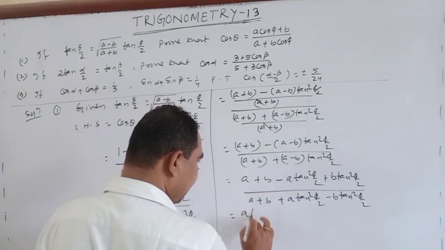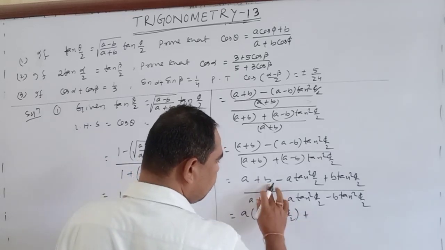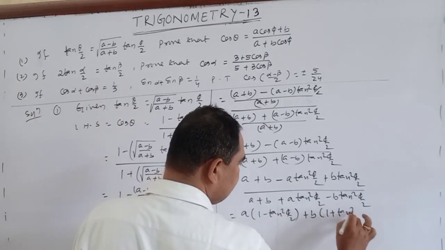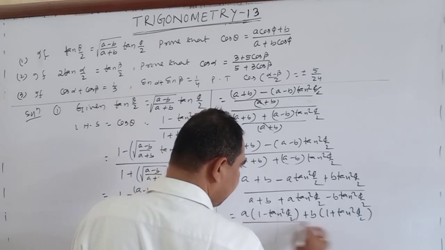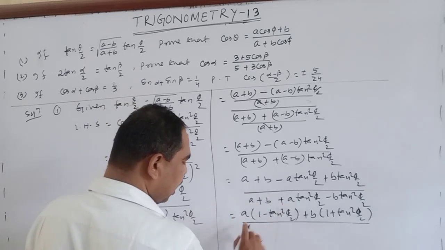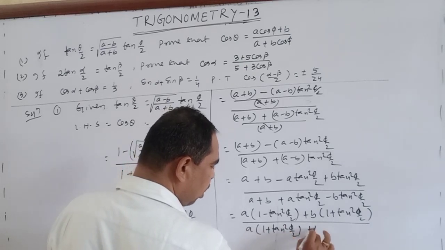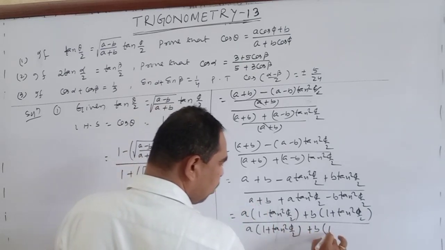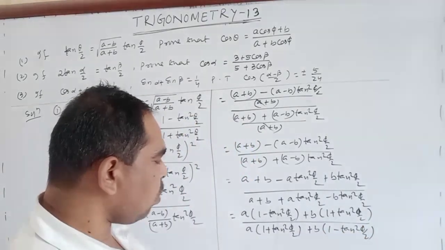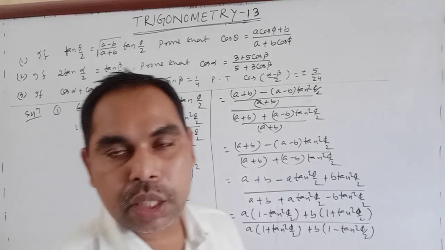So a into 1 minus tan square phi by 2, plus b is common from the first, second and fourth, so b into 1 plus tan square phi by 2, divided by, here also a is common from first and third term, a into 1 plus tan square phi by 2, plus b into 1 minus tan square phi by 2.